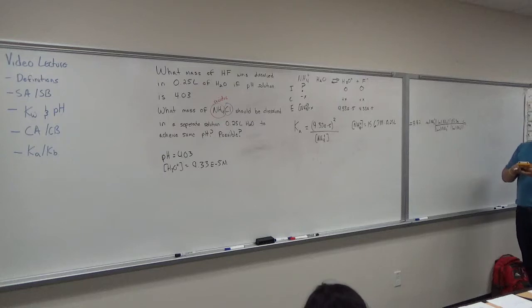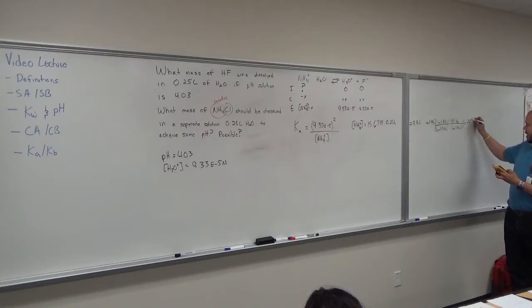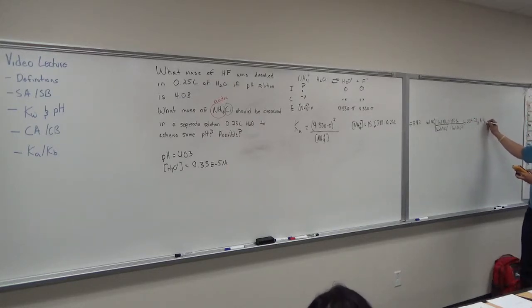So we end up with 3.92 times 53.5, which gives 209.72 grams of ammonium chloride in 250 milliliters.